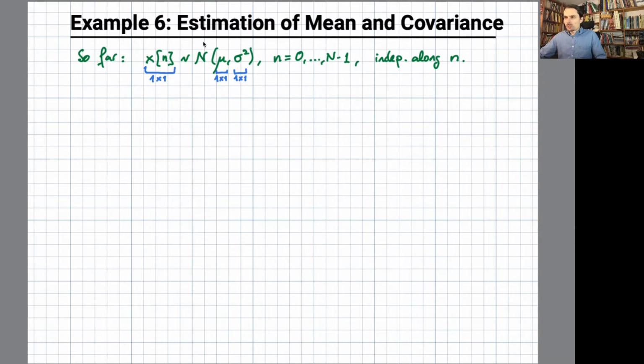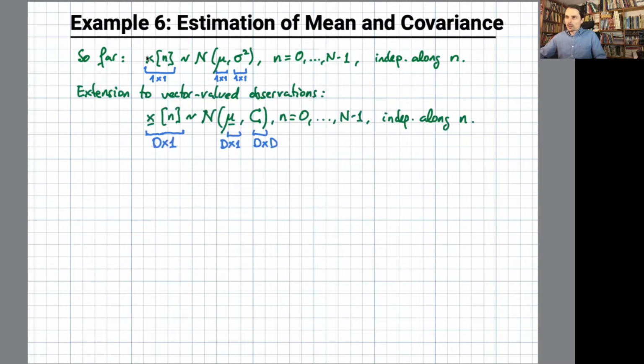And to that end, we need to generalize a little bit what we have seen so far. Remember that until now we were observing a single number for every n, right? Our samples were scalars. However, in practice, we typically observe multiple numbers at each time instant, right?